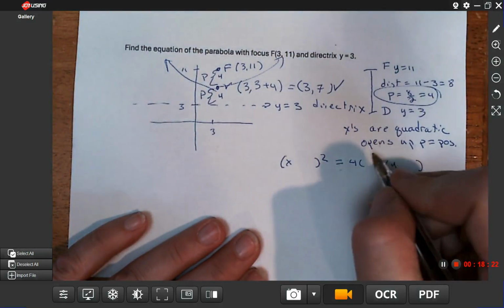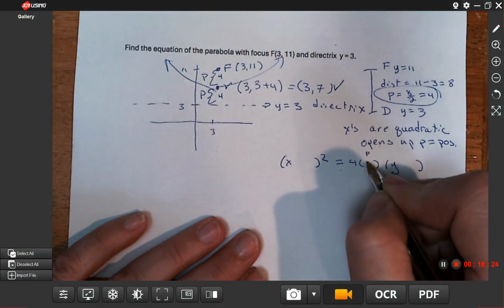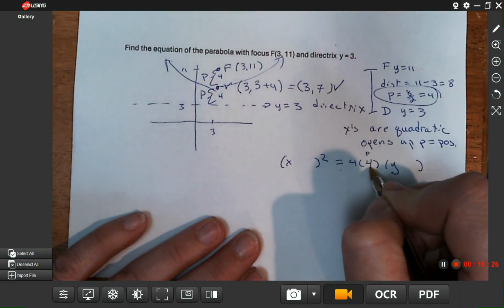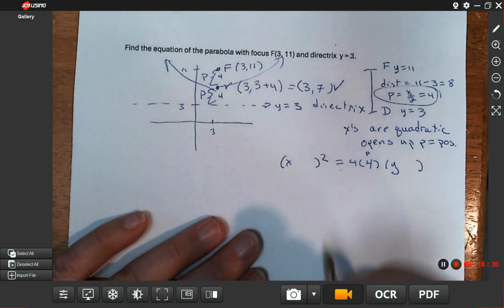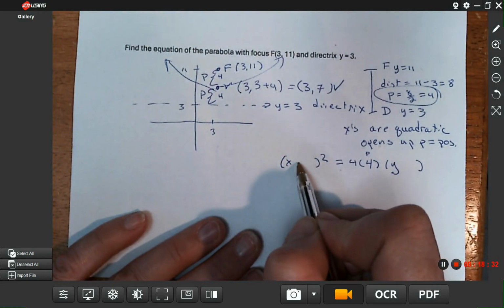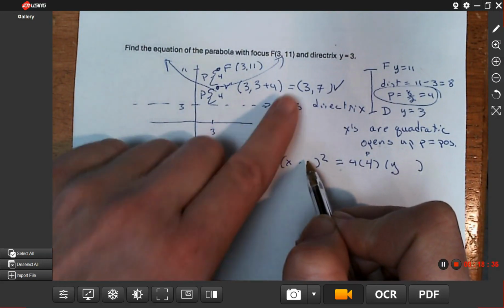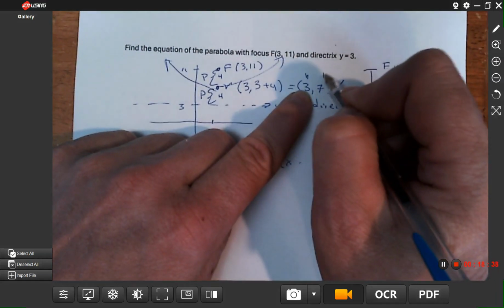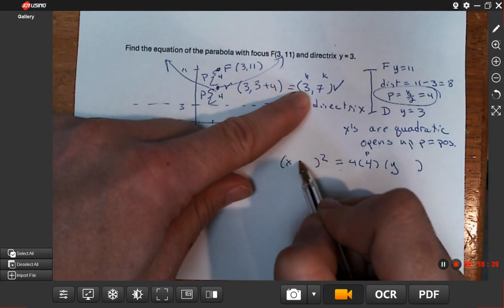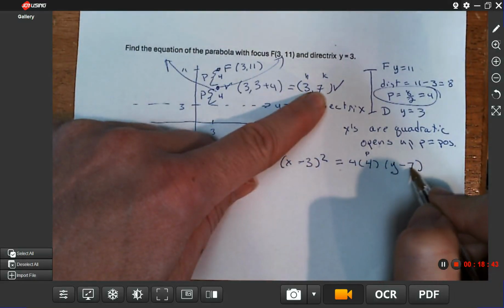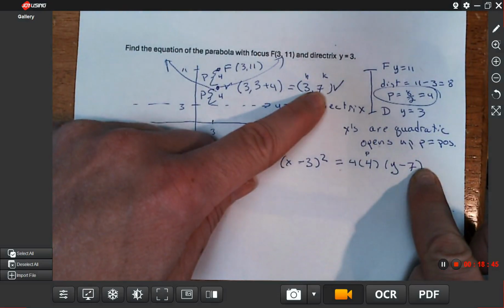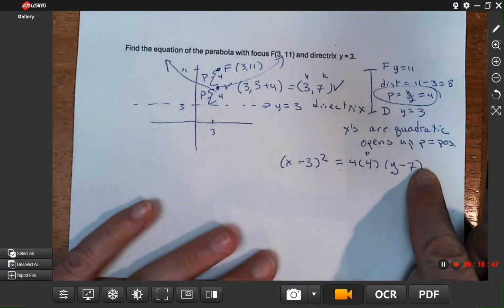Okay, so let's fill in what we know. So p, I'll put p up here. p is 4, and p was positive, and now I just need h, k. So the h always goes with the x, so h is 3, and k is 7, and again, this one is not squared.